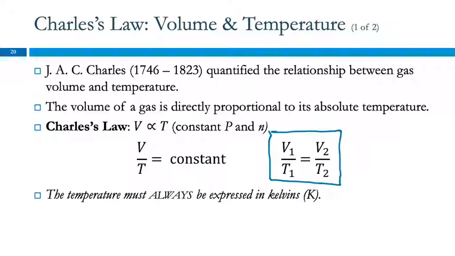This bottom point here is very, very important. The temperature must always be expressed in kelvins. The volume of a gas is directly proportional to its absolute temperature. If we do this in Celsius or in Fahrenheit, we could have a place where the temperature is 0.